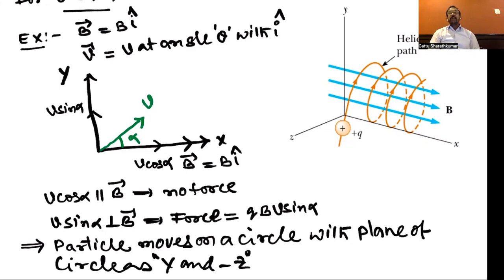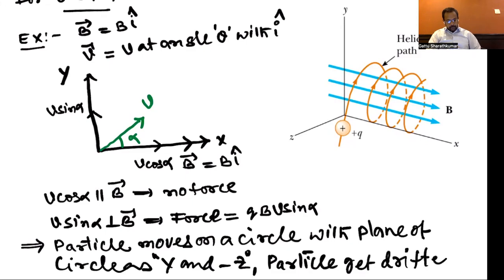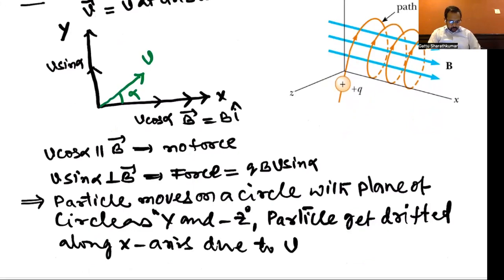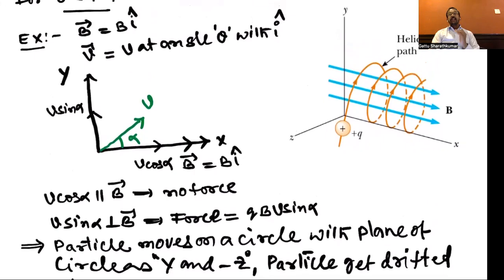Also, because of V cos alpha, it will be drifting along B bar, that is along the x-axis. The particle gets drifted along the x-axis due to V cos alpha.